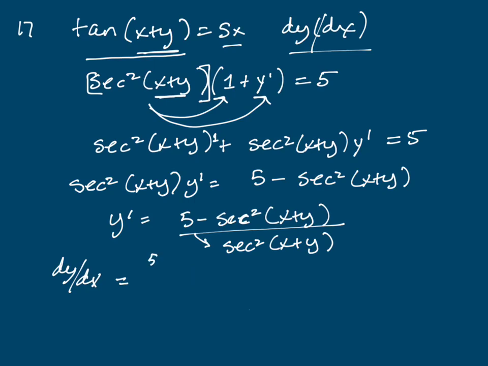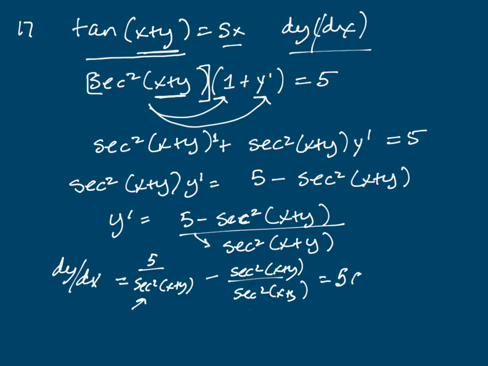So this would be 5 over secant squared (x plus y) minus secant squared (x plus y) over secant squared (x plus y). So this is cosine squared (x plus y). So I can write this as 5 cosine squared (x plus y) minus 1. And that's the right answer. Okay, so that was 17. Let's move on to 18.